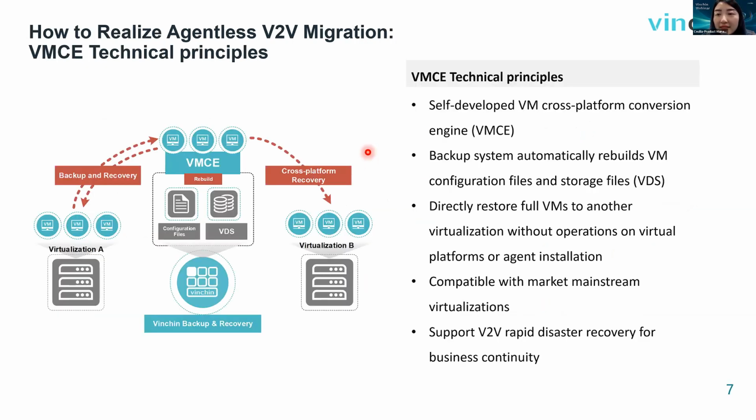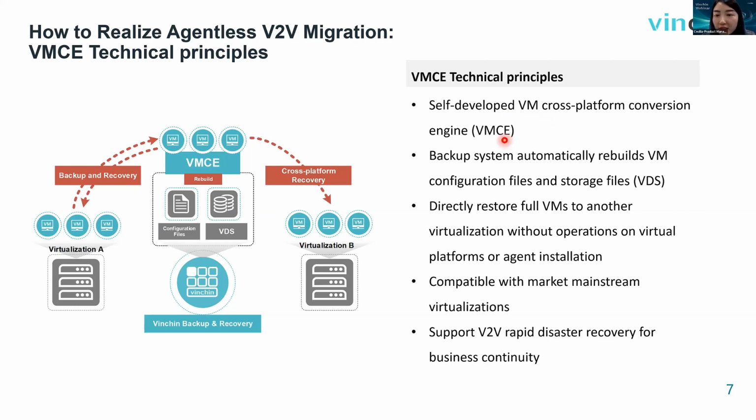So next, please let me explain more about how Vinchin realizes agentless V2V migration. The core technology we use is called VMCE, Virtual Machine Cross-Platform Conversion Engine. It is researched and developed by Vinchin.